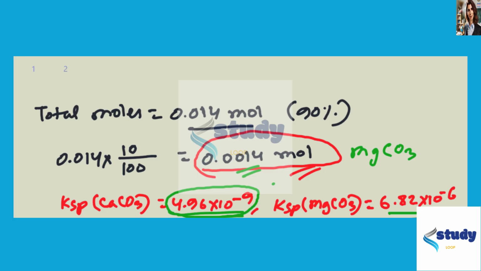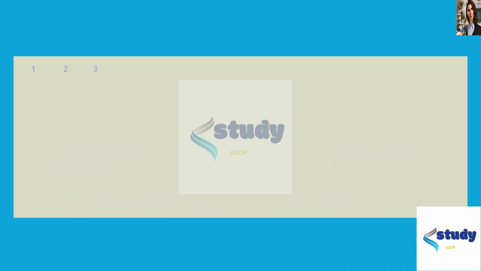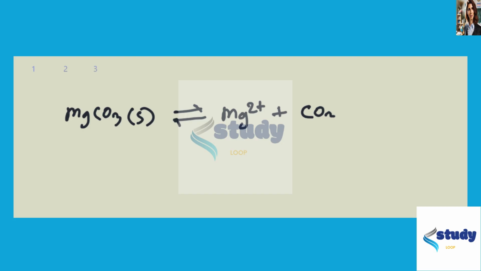So now we have to set up the Ksp expression for magnesium carbonate. Magnesium carbonate will be dissociated as Mg2+ plus CO3 2-.